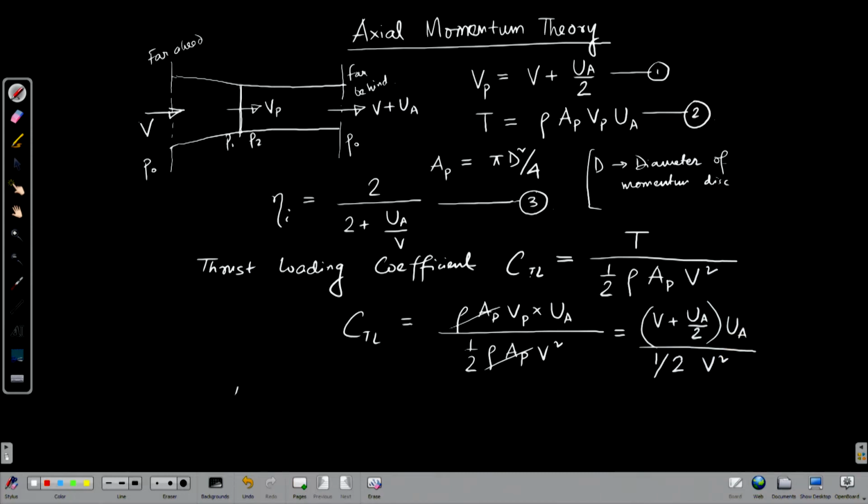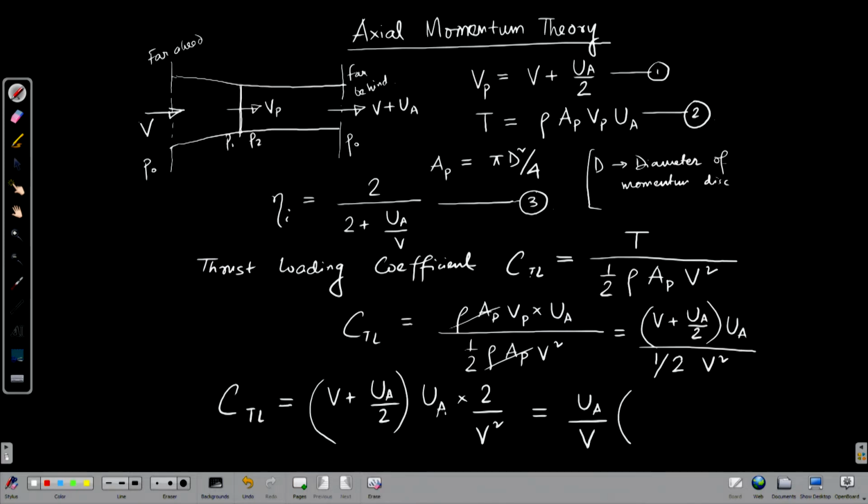So, now CTL becomes V plus UA by 2 into UA into 2 by V square. We can rearrange these terms and write it as UA by V and take the 2 inside the bracket, 2 plus UA by V. So, this becomes our equation 4.